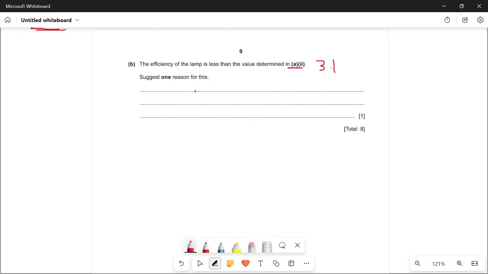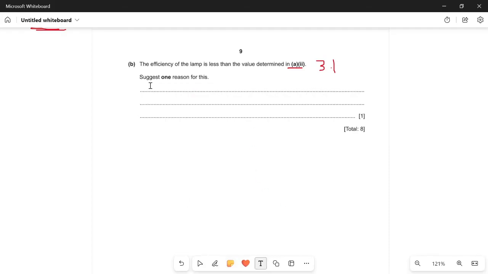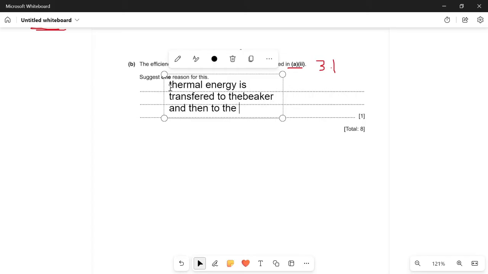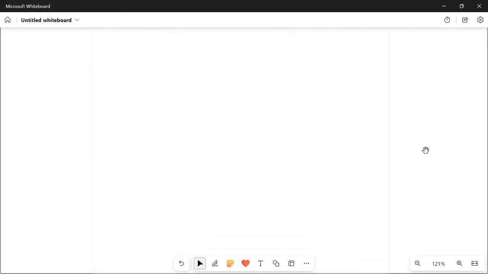So we can write the thermal energy is transferred to the beaker and then to the bench. That's our answer. There could also be other multiple explanations for this.